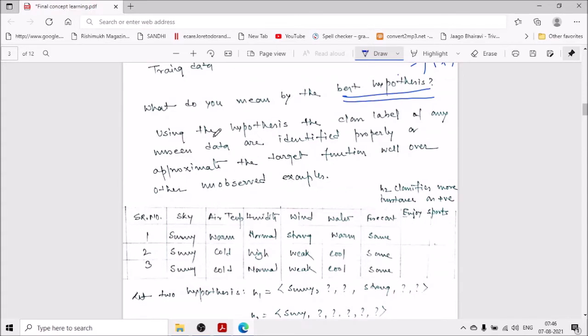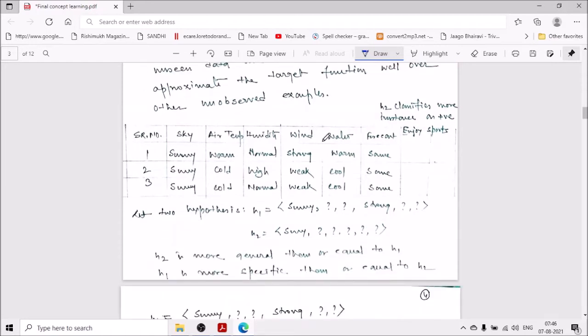I am repeating the line. Using the hypothesis, the class labels of any unseen data are identified properly, or it approximates the target function well over other unobserved examples. So we can see here, say two or three hypotheses are there: hypothesis 1, hypothesis 2 and hypothesis 3.